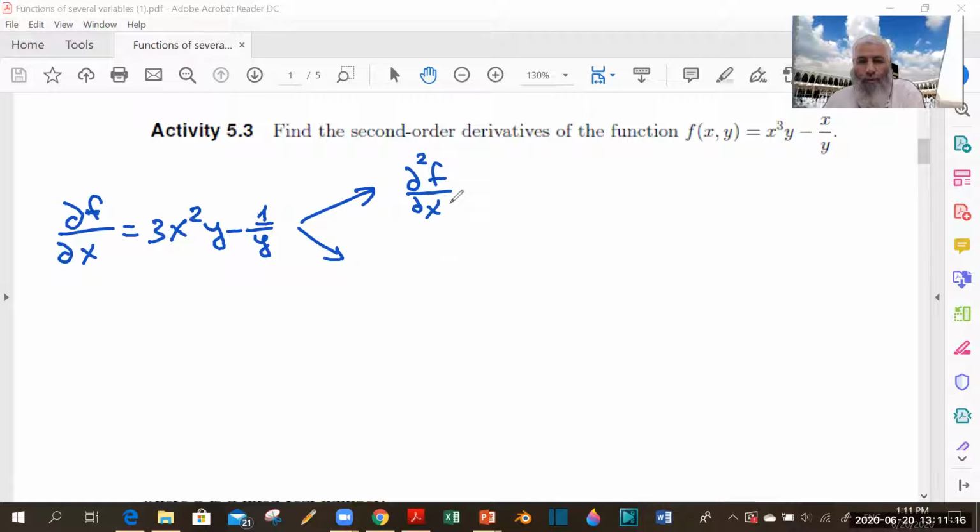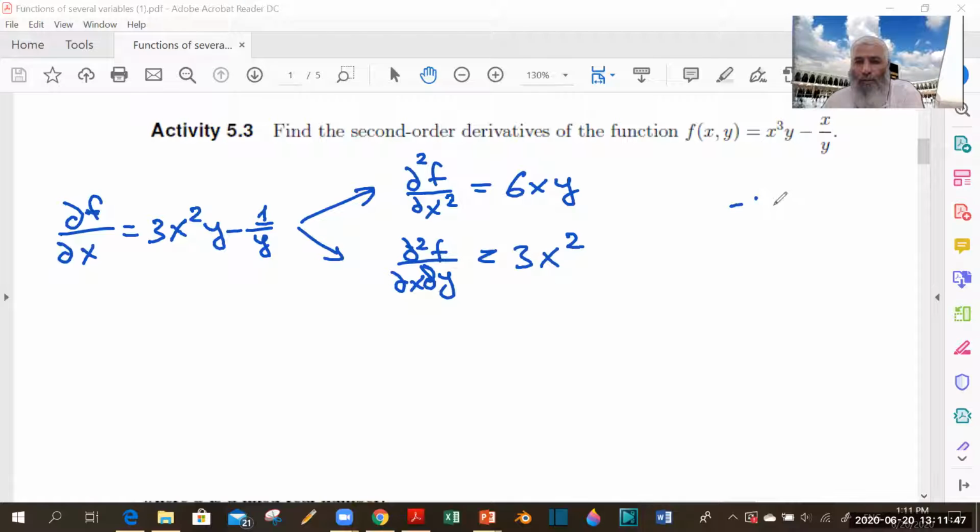For d2f dx squared and d2f dx dy, here we have 6xy, and here we have 3x squared.